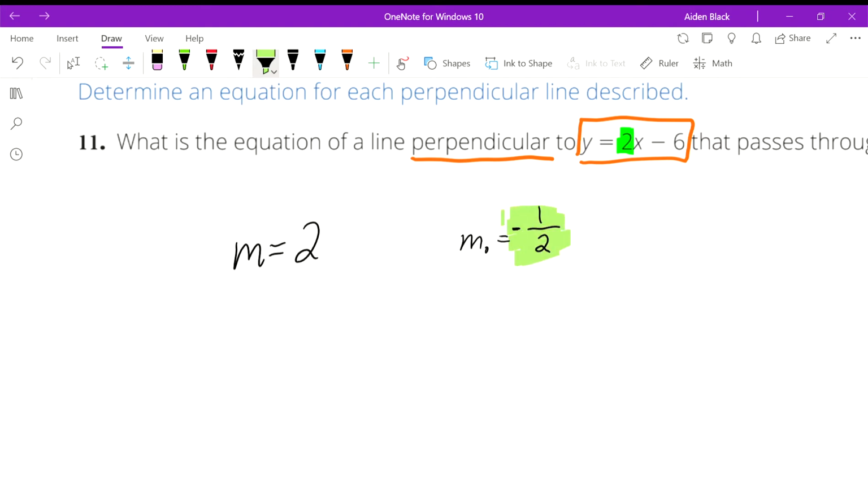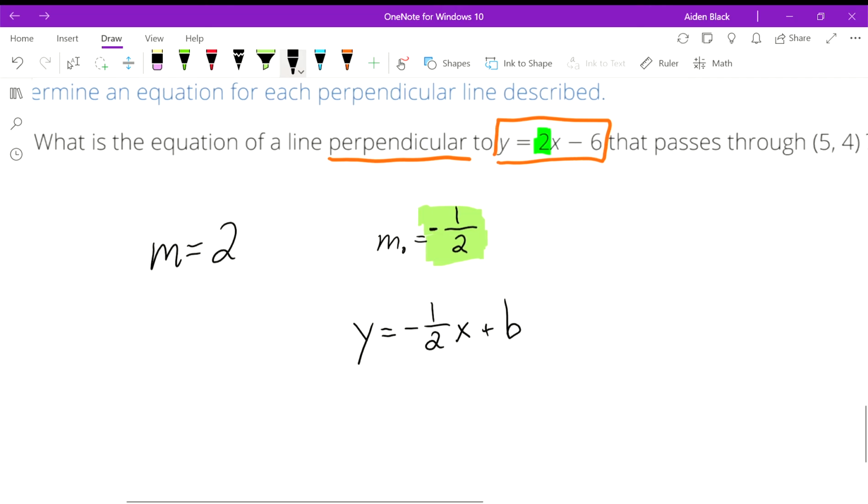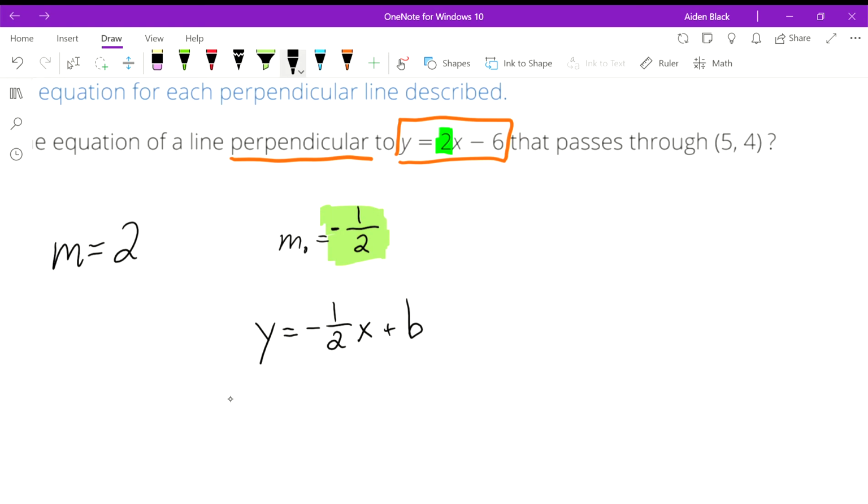This is the slope of our line that we need to create, the equation we need to write. So we'll have, already we have y equals negative 1/2 x, and we're going to add b because we don't know what that value is. That's going to make this equation true using these points 5, 4.